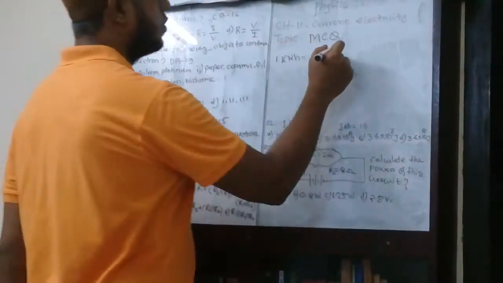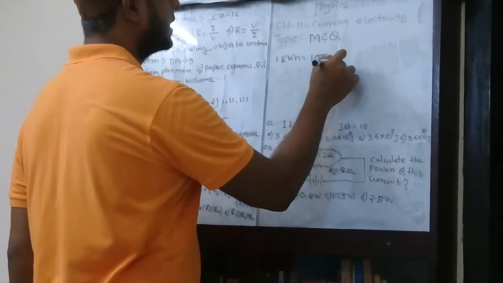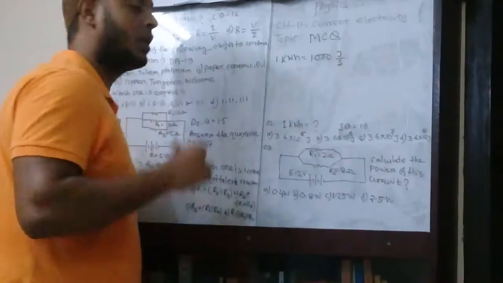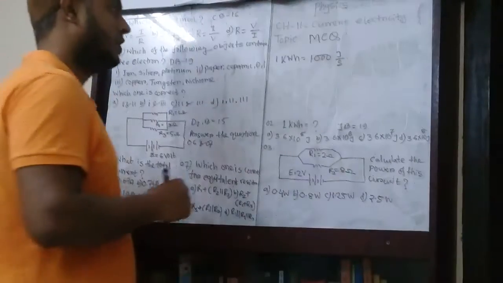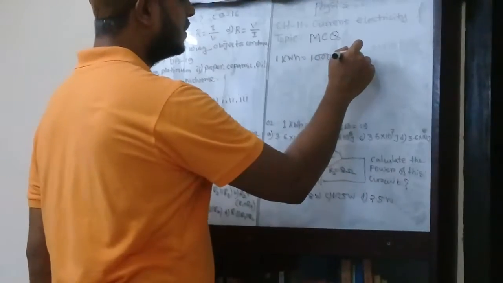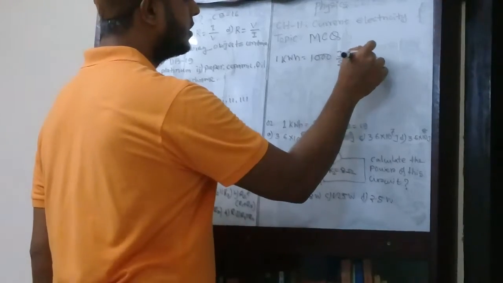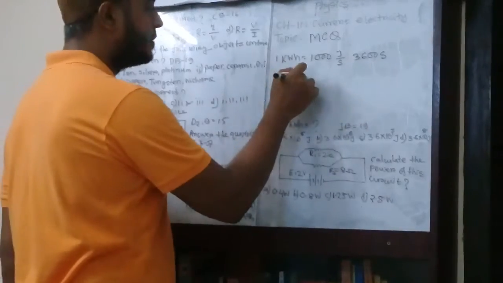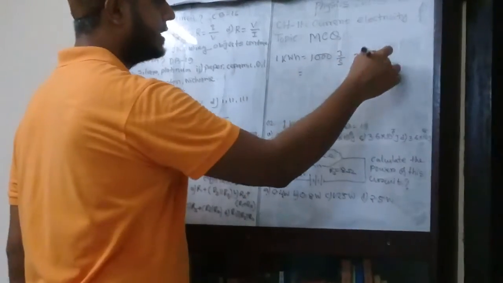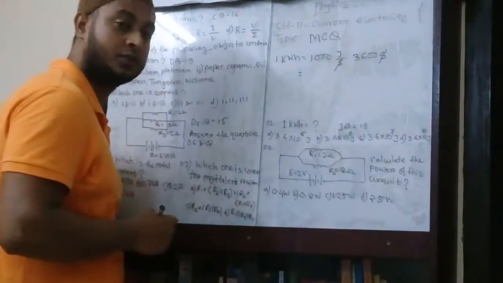So 1000 joule per second. And if you convert 1 hour into seconds, this gives you 3600 seconds. So seconds and seconds will cancel out.